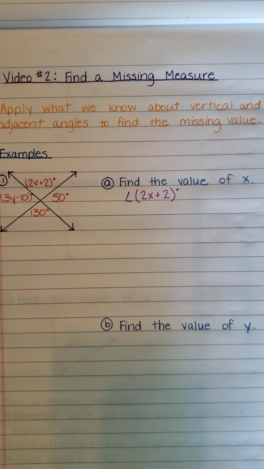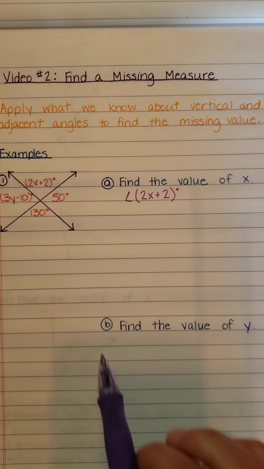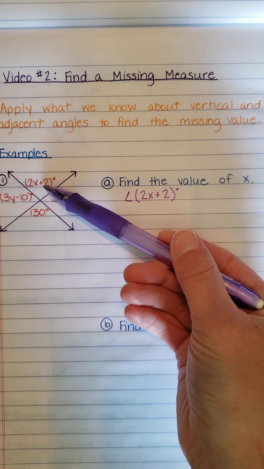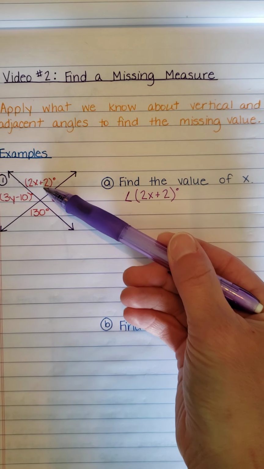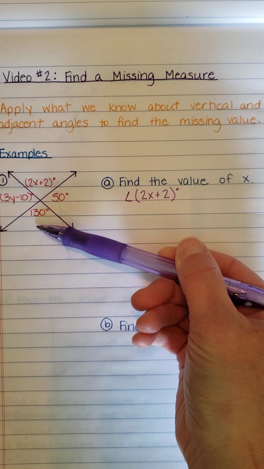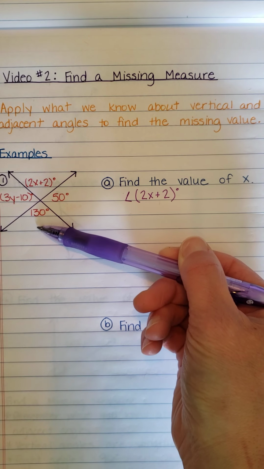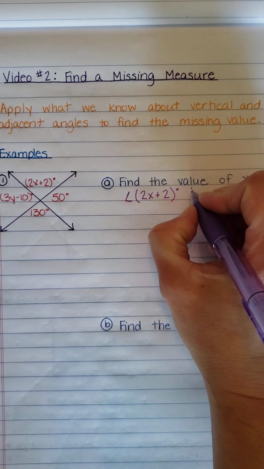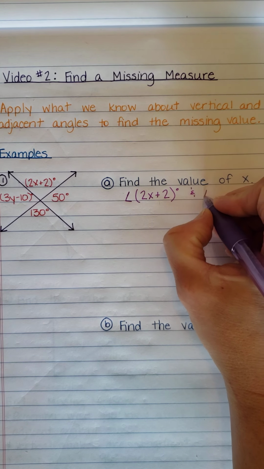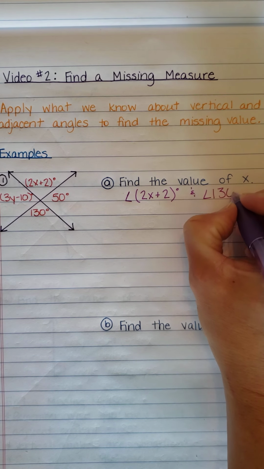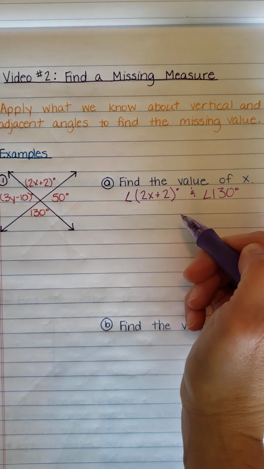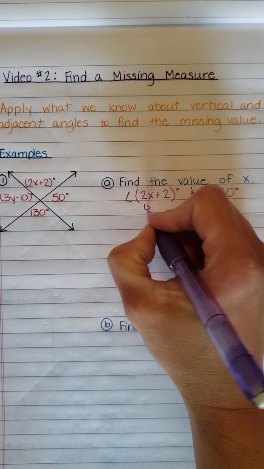Now we need to think about what we know about vertical and adjacent angles. If I have the angle measure 2x plus 2, this angle that is 130 degrees is vertical to that. So angle 130 degrees and angle 2x plus 2 degrees, these are vertical.